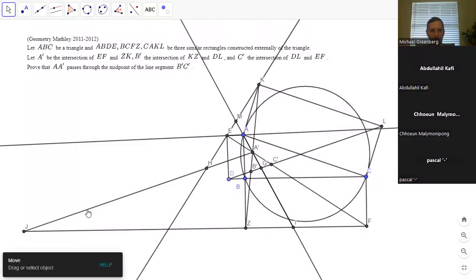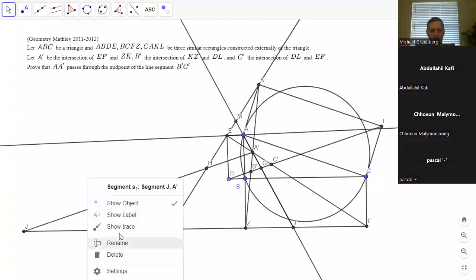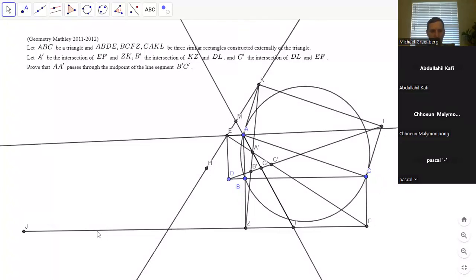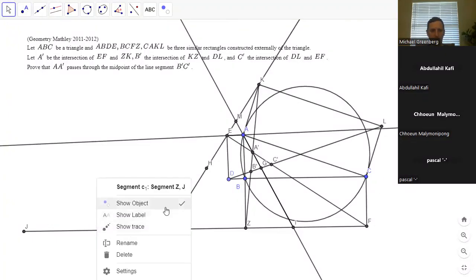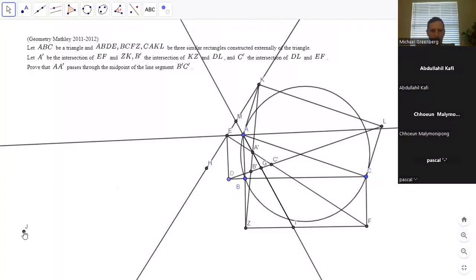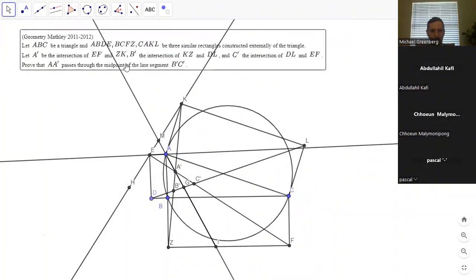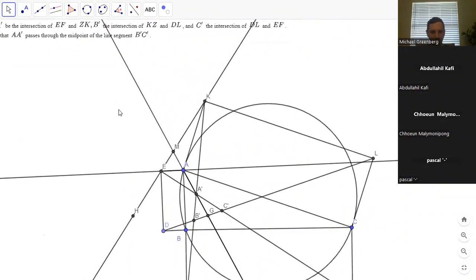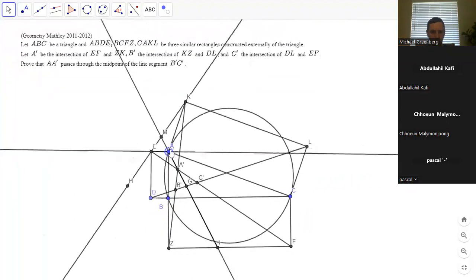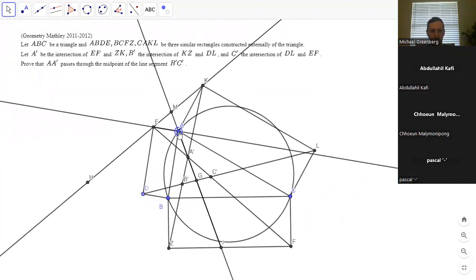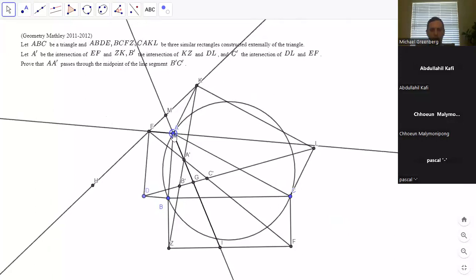So let me get rid of point J, and let me just keep point H. I like point H better. I feel like it'll make the diagram easier to see. I want it to make the triangle almost like a right triangle.